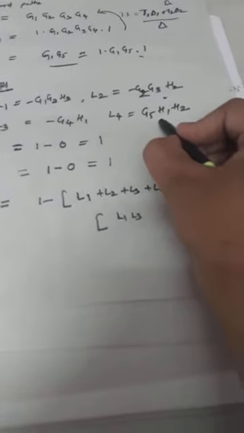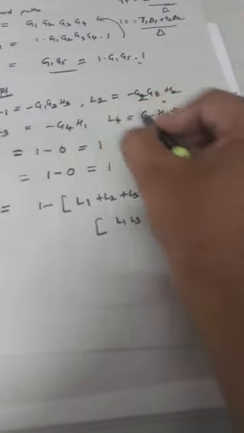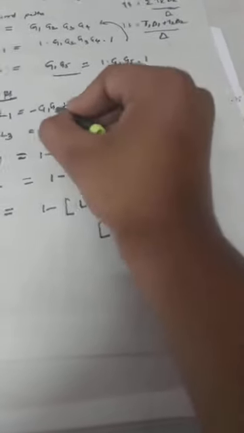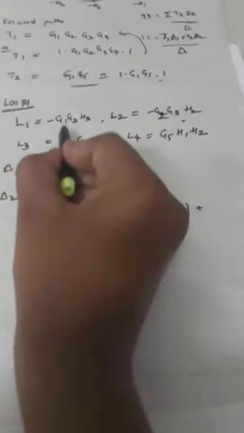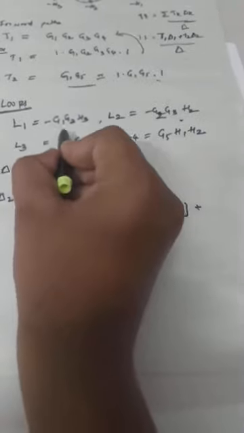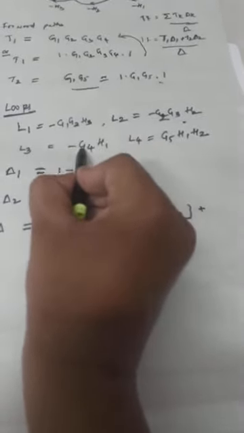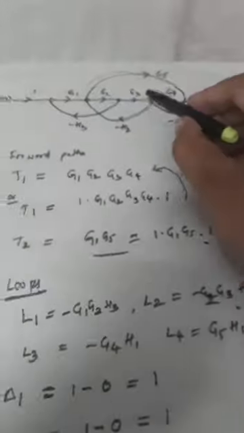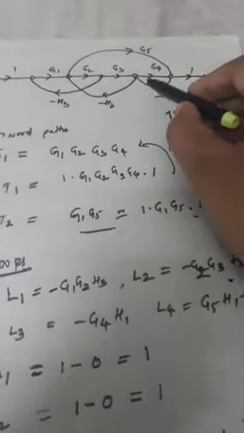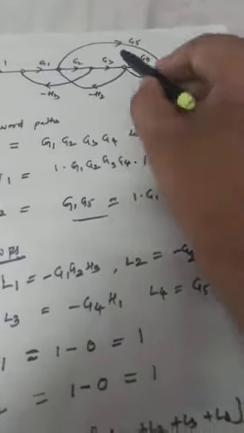L1 and this loop L3 are the two non-touching loops, because here no gain is common, and if you go through the signal flow graph, then also you will not get any common node here. So after finding the pair of two non-touching loops, again if you go carefully through the signal flow graph, you will not get any other pair.